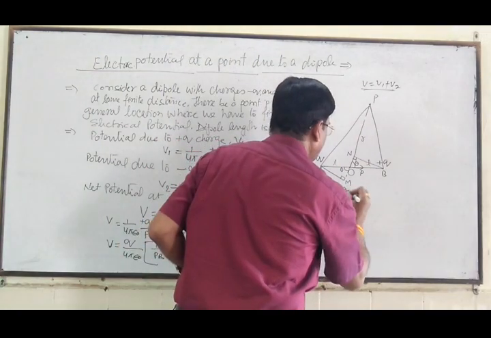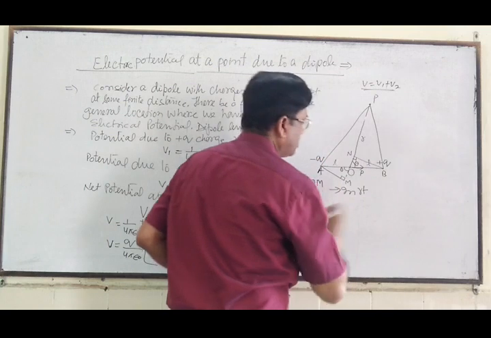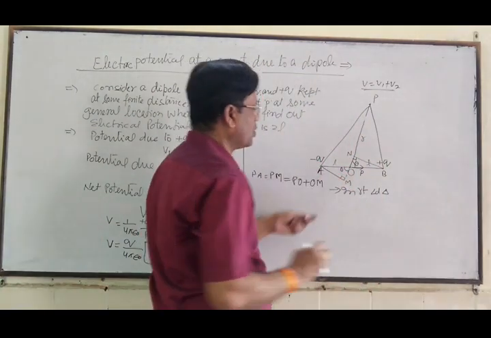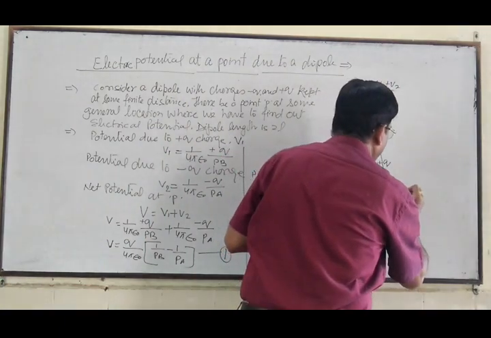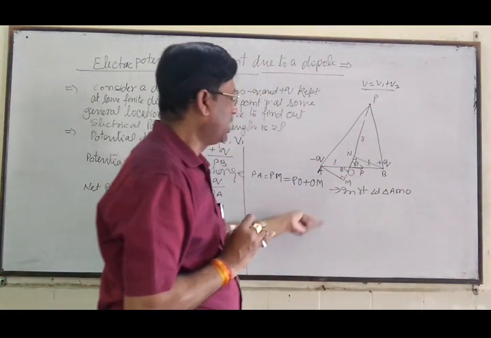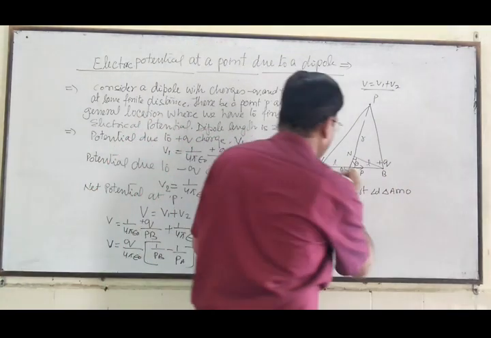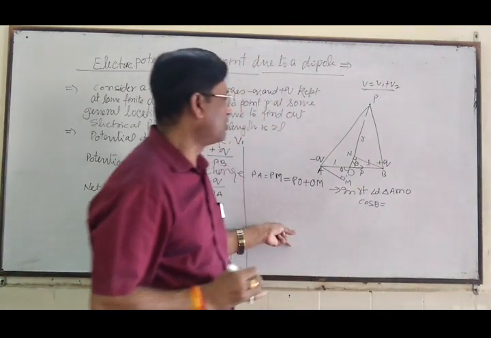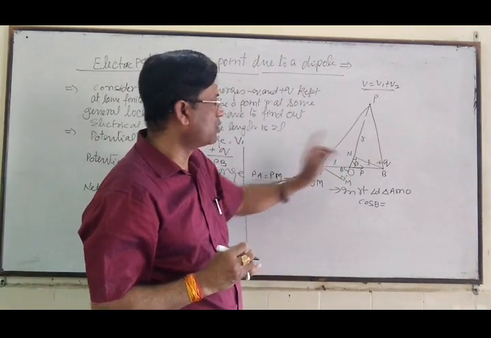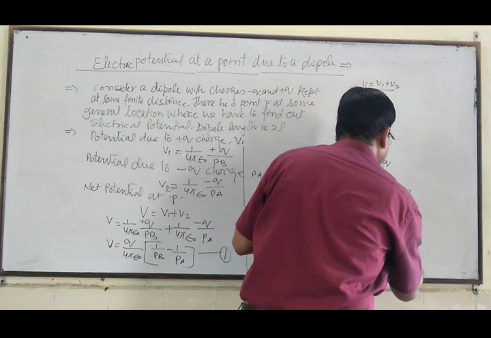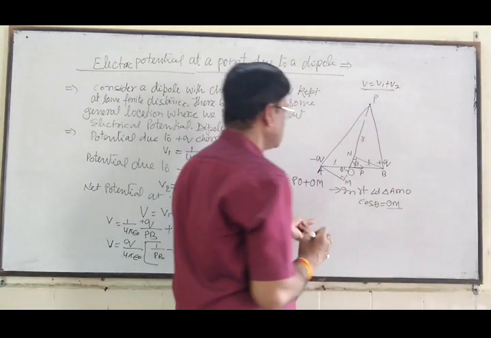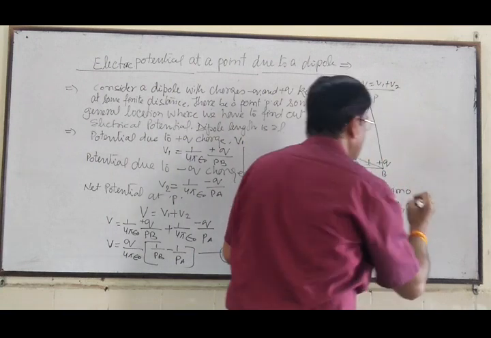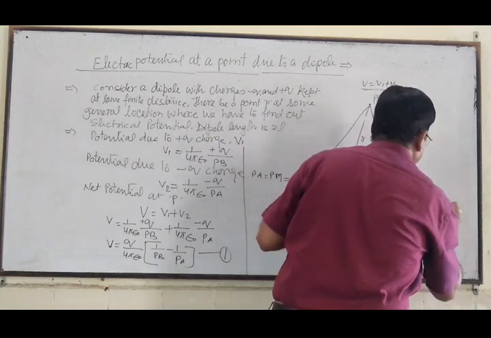Just see, in right angle triangle AMO, cos theta would be equal to base upon hypotenuse, that is OM upon L. Then OM would be equal to L cos theta.